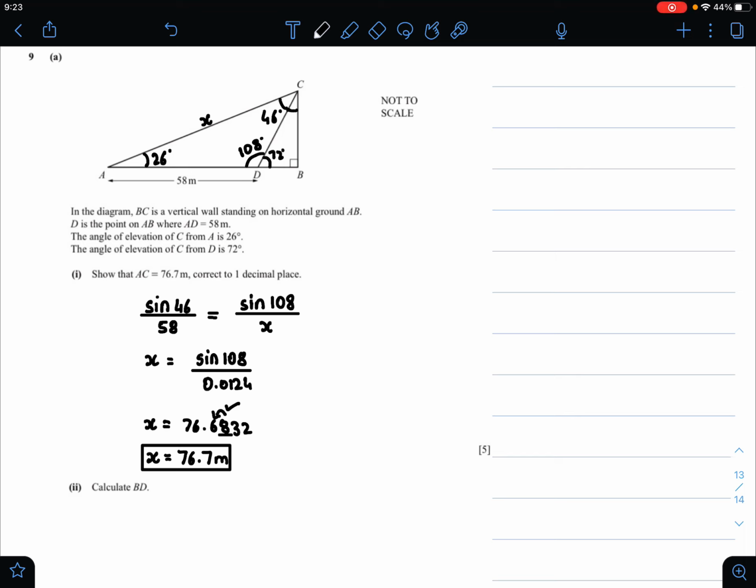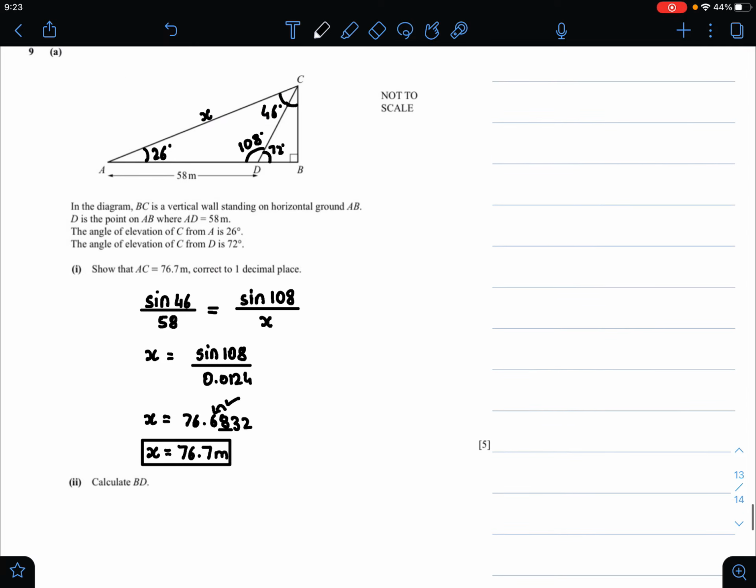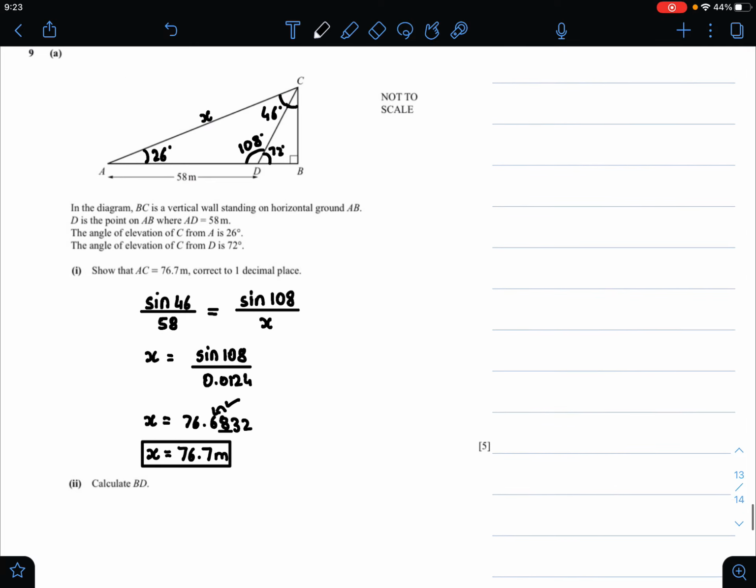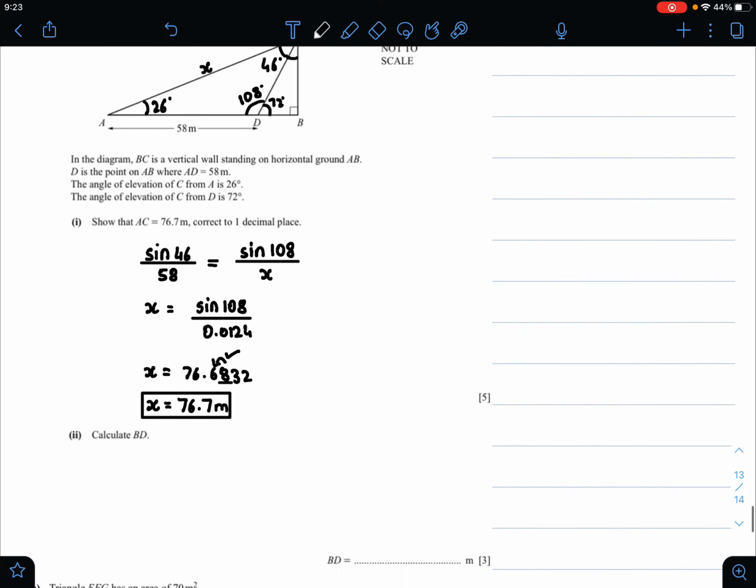So we know the angle 26, we have to find the side AB, and we know the side AC. So we can use these three values to find the answer for A part 2.